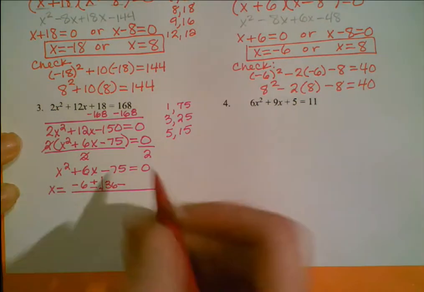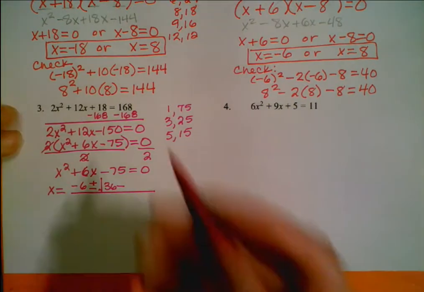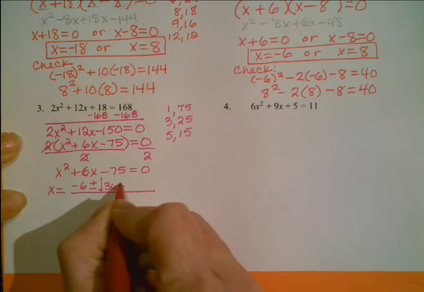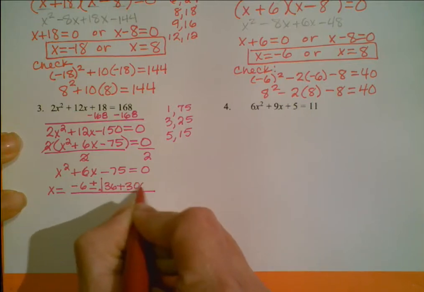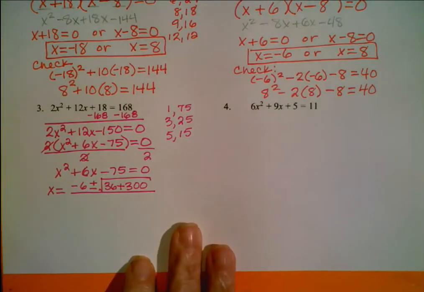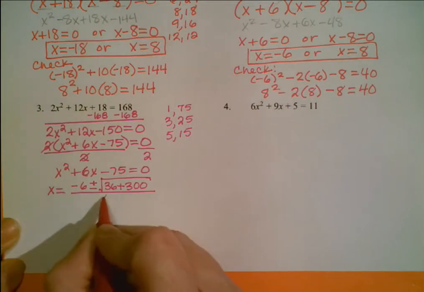So 4 times 1 times negative 75 gives us a value of negative 300. Now 36 minus negative 300 is going to make that plus. All over 2 times a, and a is 1, so it's just going to be 2.